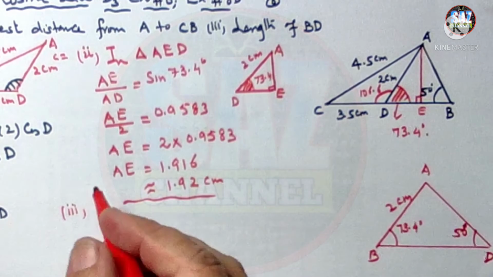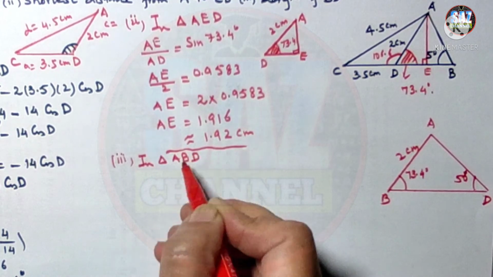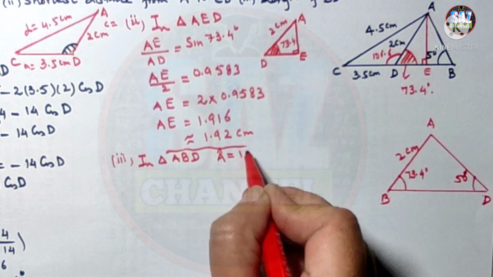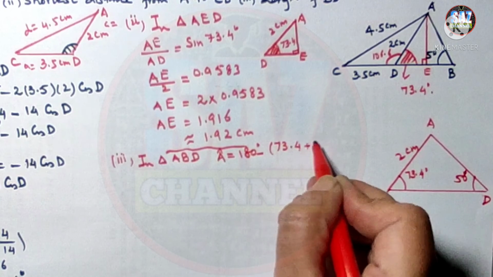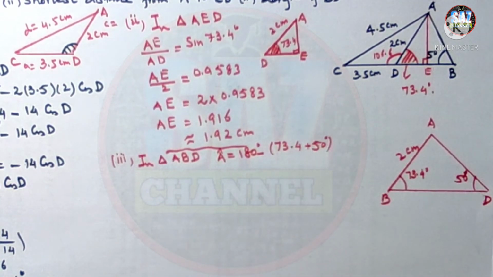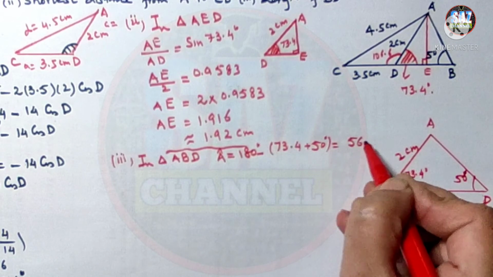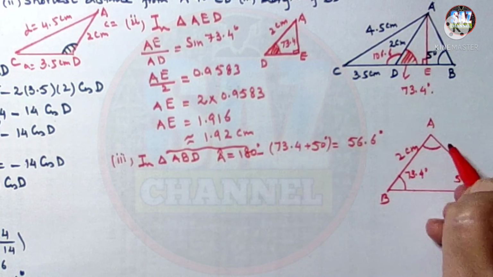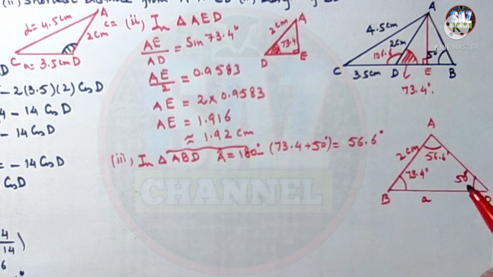So in triangle ABD, angle A will be equal to 180 degrees minus (73.4 plus 50 degrees). 73.4 plus 50 is 123.4, and 180 minus 123.4 is 56.6 degrees. This angle is 56.6 degrees.